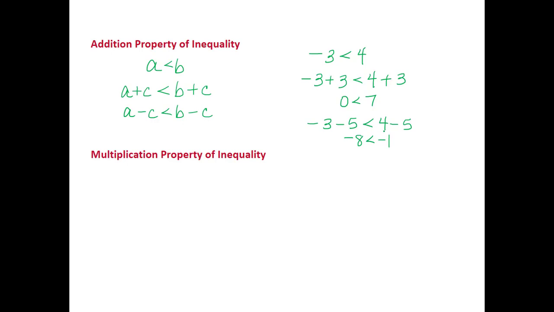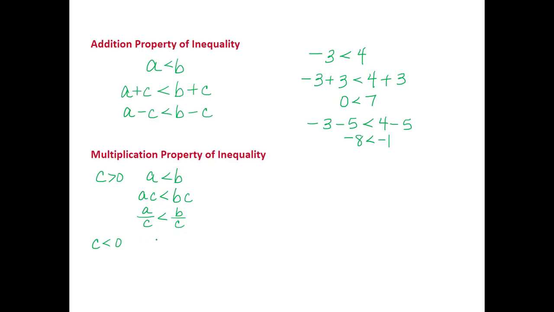The multiplication property of inequality states that if A < B and C is a positive number, then A times C < B times C, and A divided by C < B divided by C. If, however, C is a negative number, then we must also reverse the inequality symbol to keep the inequality true.